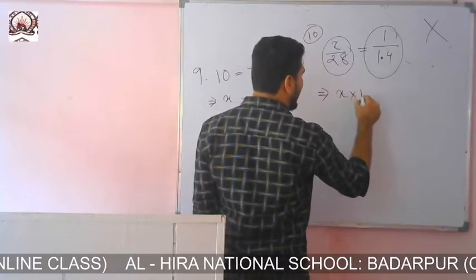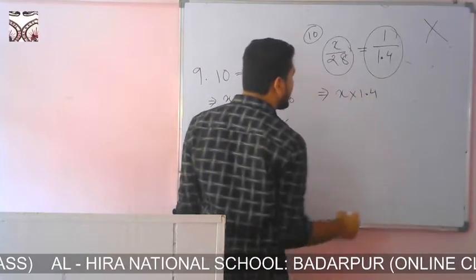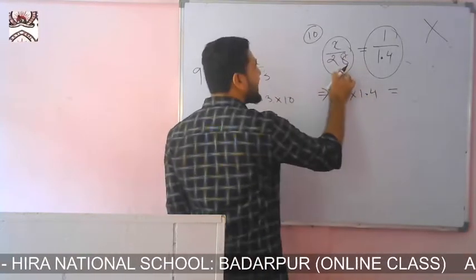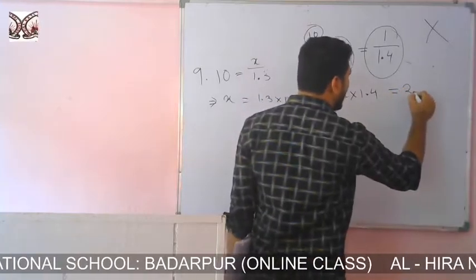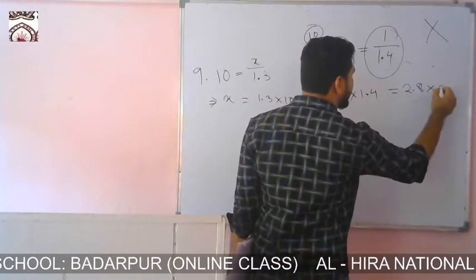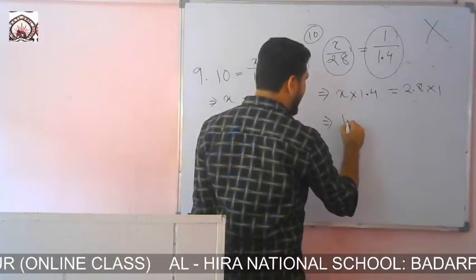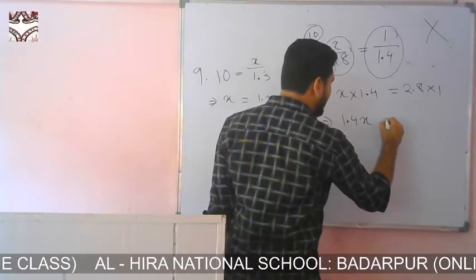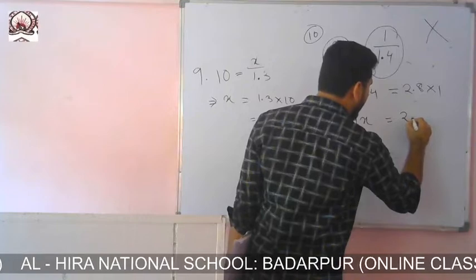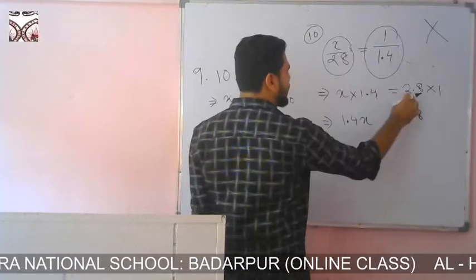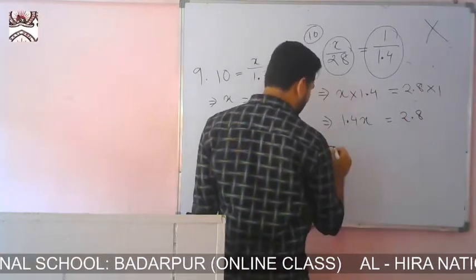X into 1.4. Okay, then 2.8 into 1 means what? 2.8. Okay, then you write once 2.8 into 1. Okay, now x into 1.4, that means 1.4x equals to what? 2.8. That means 2.8 into 1 means again 2.8.